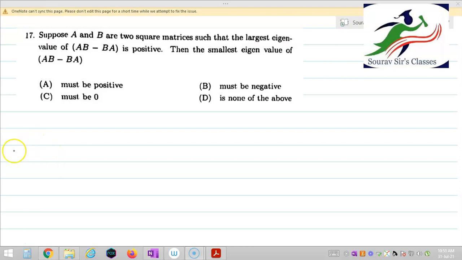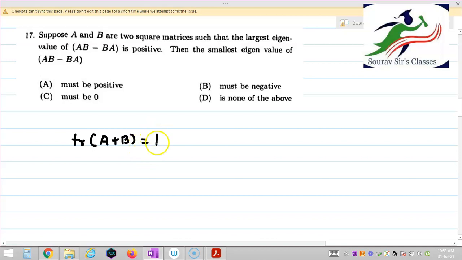Trace is a linear function, meaning it works like a linear mapping from matrices to R. Trace of A plus B is equal to trace A plus trace B. Are you wondering why I am talking about trace?